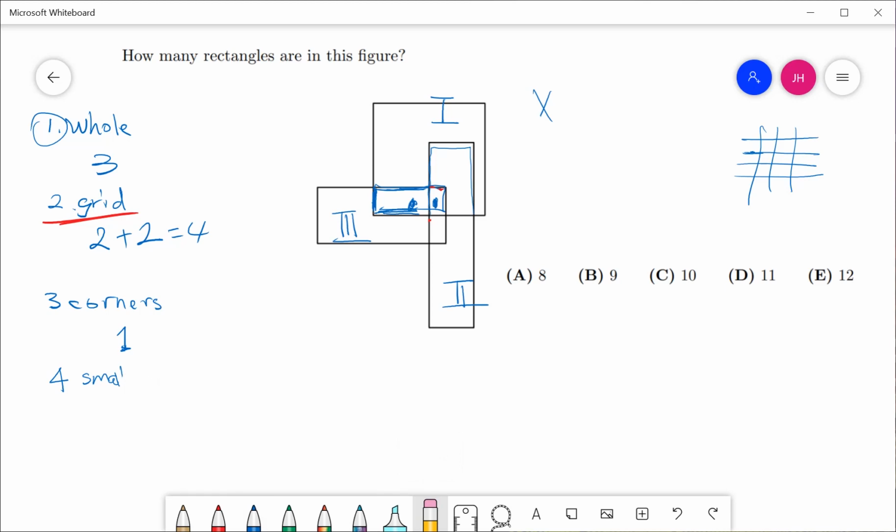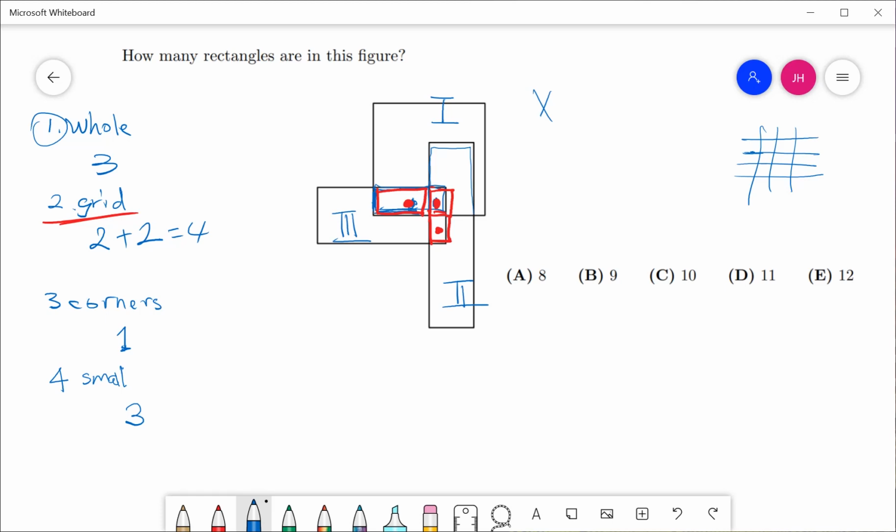So they are small rectangles, meaning there are no smaller structures inside them. Then how many small rectangles do we have? We have one here without any finer structures inside it, another one here, and a third one here. So we have 3.